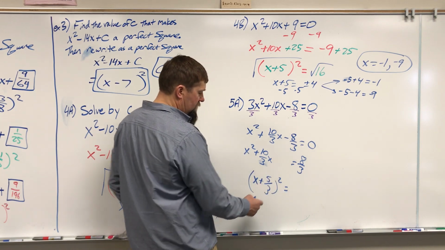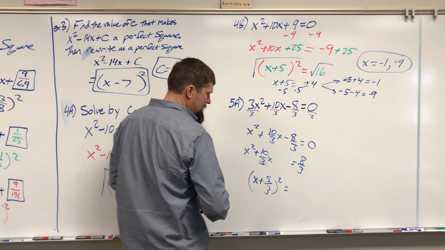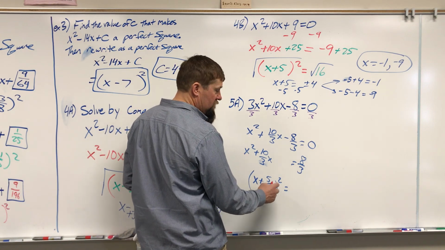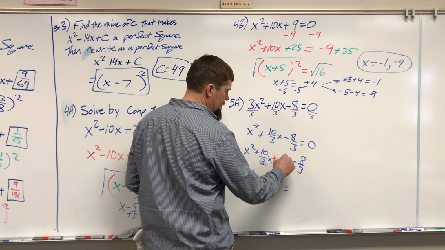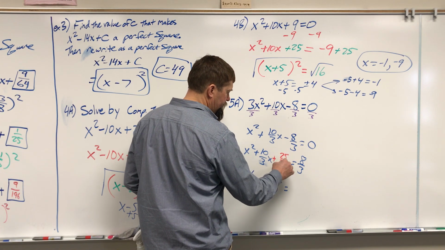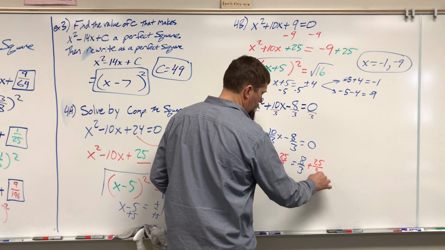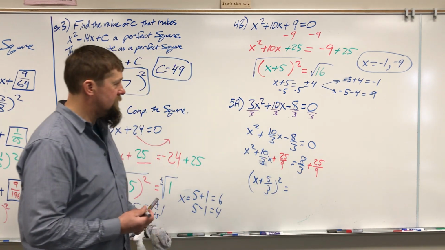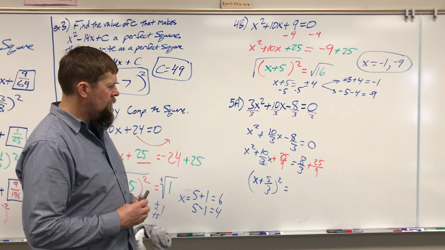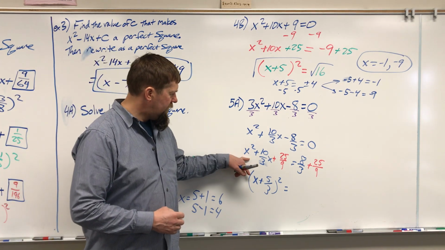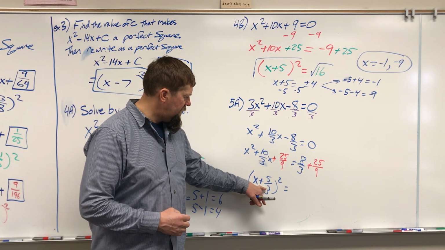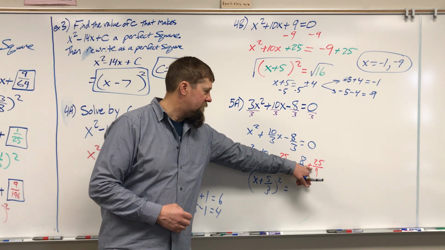Now, here's where I'm going to add 5/3 squared to both sides. So add 25/9 to both sides. Okay, so what I did was I took half of 10/3, put it here, squared it, and added it to both sides.